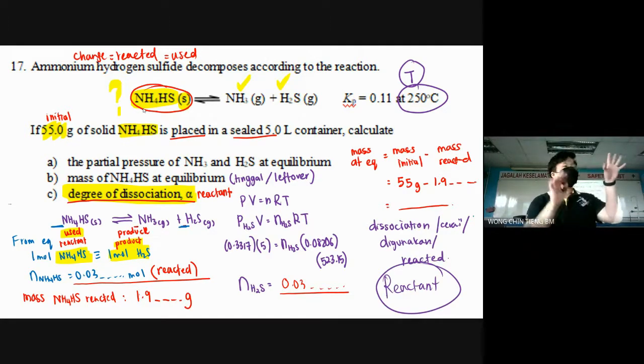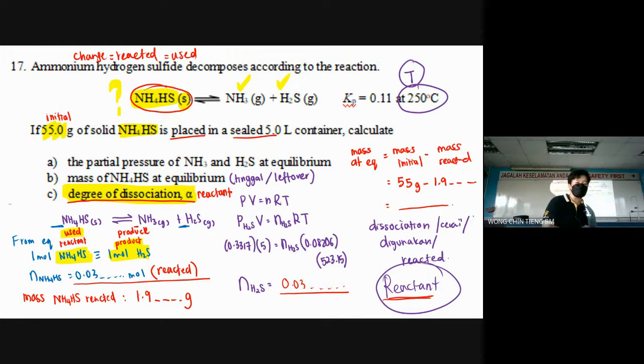Kalau saya ada reactant A, reactant B, kita akan kira untuk reactant A, kita akan kira untuk reactant B. Tapi dalam otak kamu kena ada satu benda: degree of dissociation hanya boleh kira untuk reactant. We cannot calculate degree of dissociation of product because we are not dissociating the product, we are producing the product. Always remember it's for the reactant.